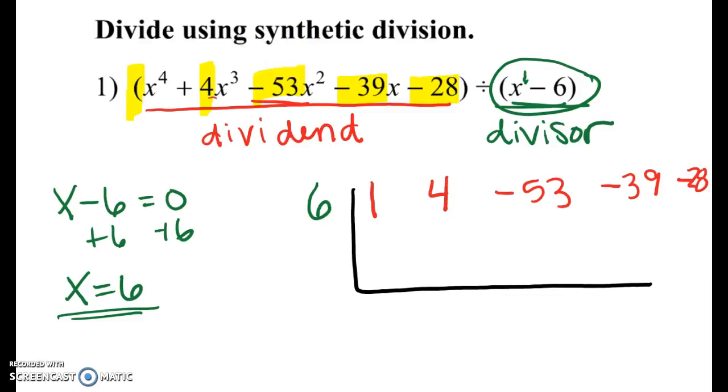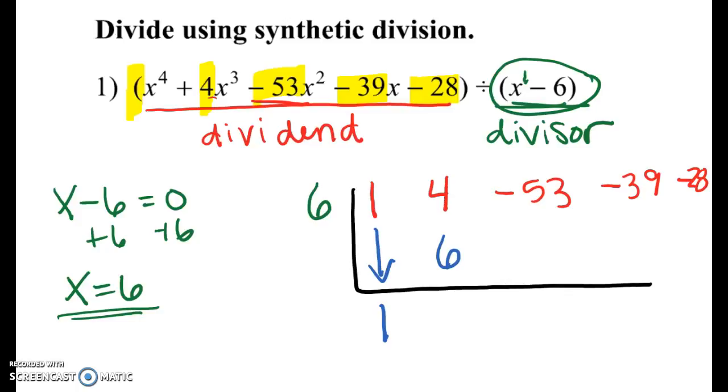Now, a little silly, but there's a song I like to sing, Drop It Like It's Hot, and that's going to help us. So what we're going to do is drop it like it's hot. We're going to drop that 1. And after we drop it, we multiply. 6 times 1, we multiplied and got 6.